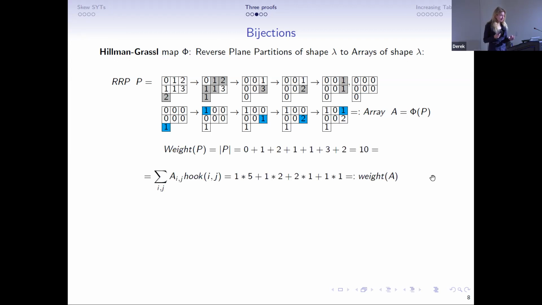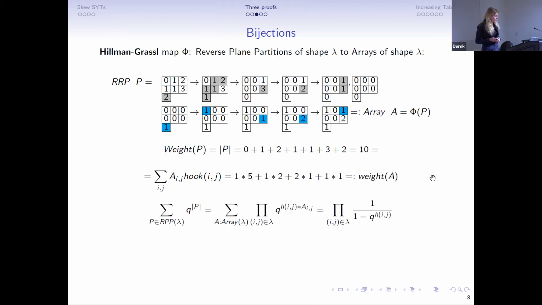And then the weight of the plane partition, so the sum of the entries, is exactly the weighted sum of entries in the array, weighted by the hook length of the particular boxes, and the hook length is just the length of this border strip that we just removed. So the weight of the plane partition is related directly to the weight of our array, and this is basically how you can prove in a combinatorial way also the hook length formula, the original one, because this turns into a generating function.